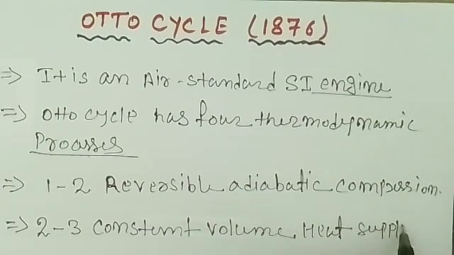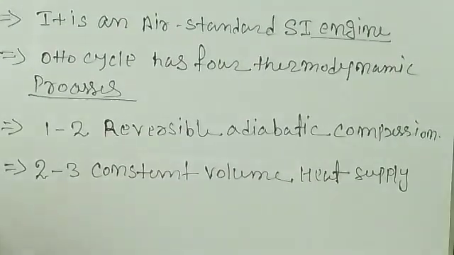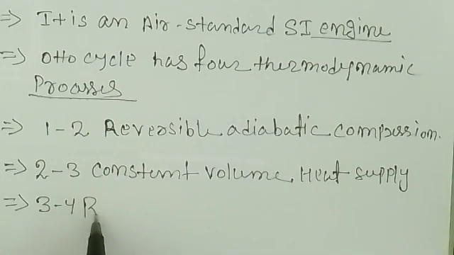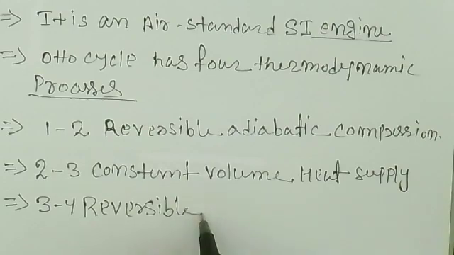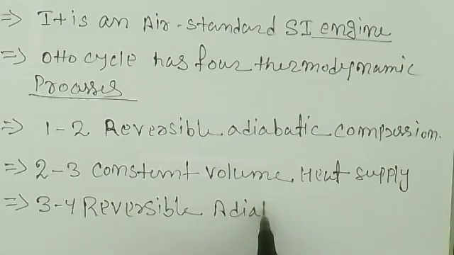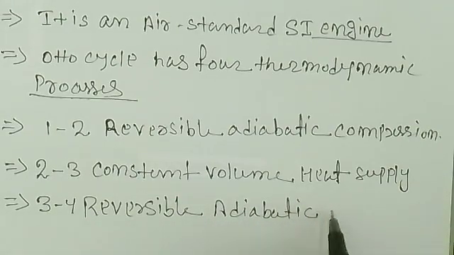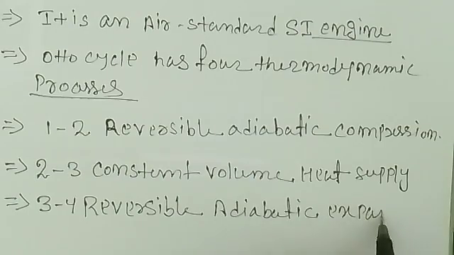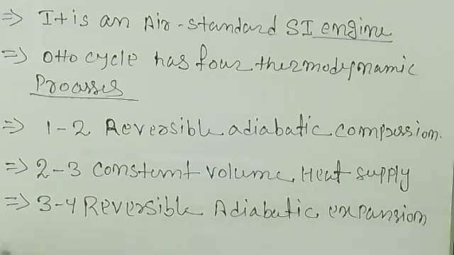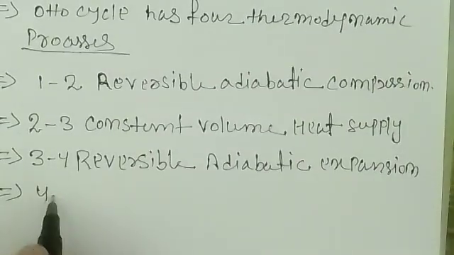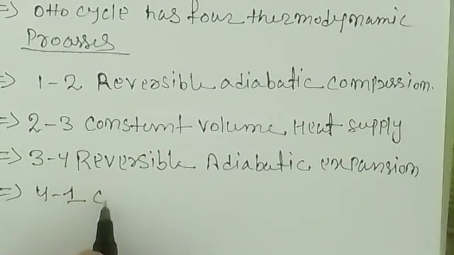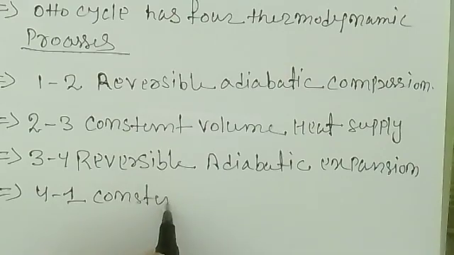Next, after adding the heat, you have to expand. So 3 to 4 is the reversible adiabatic expansion. Next, 4 to 1 is constant volume heat rejection.